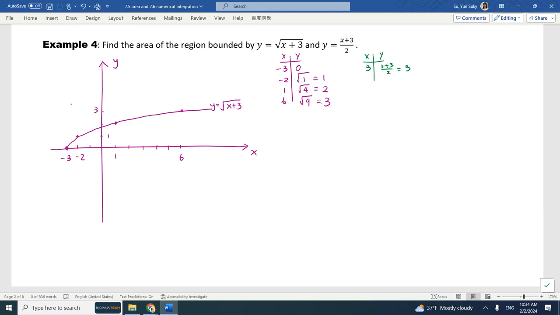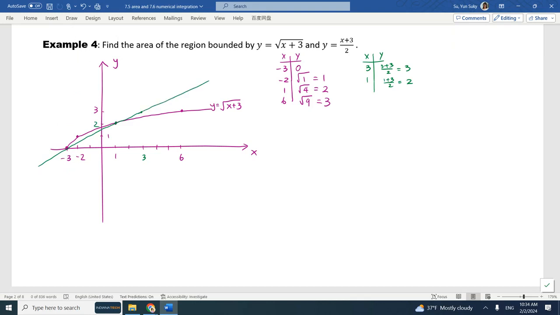And how many points can fix a line? 2 points. Okay, so give me one more point. 1. We plug in 1, what happened? Yeah, 1 plus 3 over 2 is 4 over 2, which is 2. So 3, 3 right there. And 1, 2 right there. And we connect them.